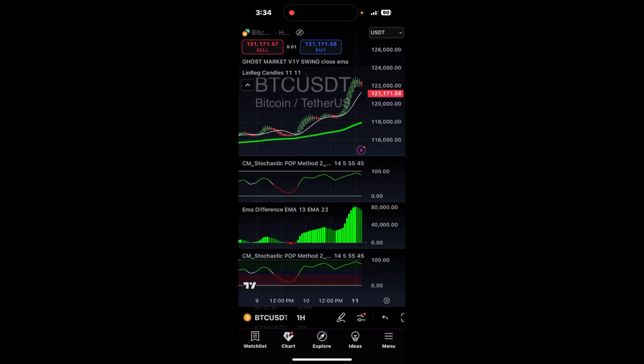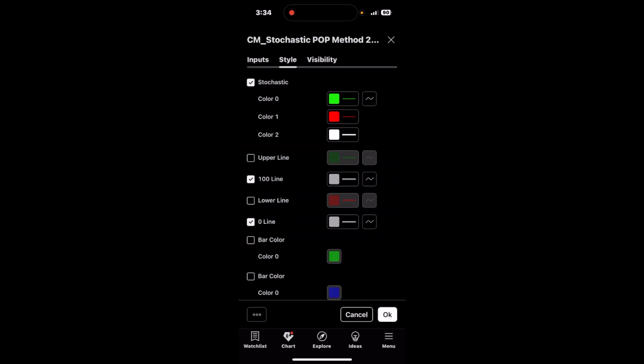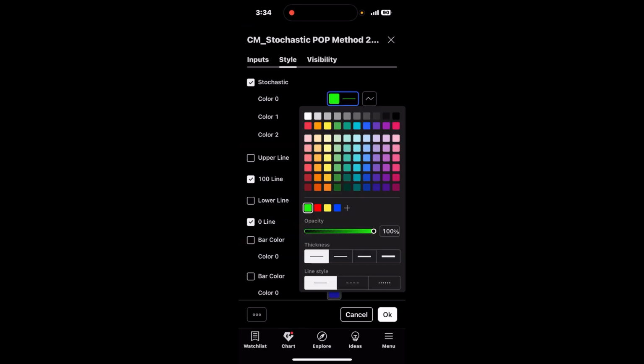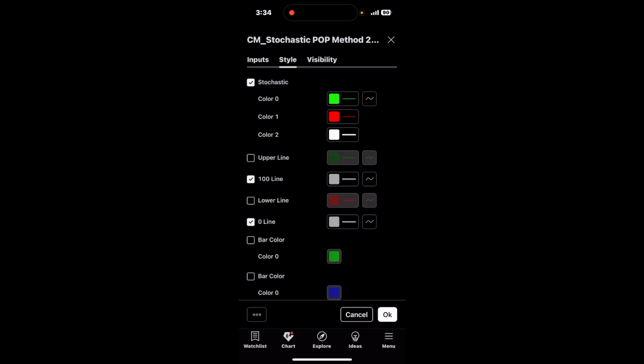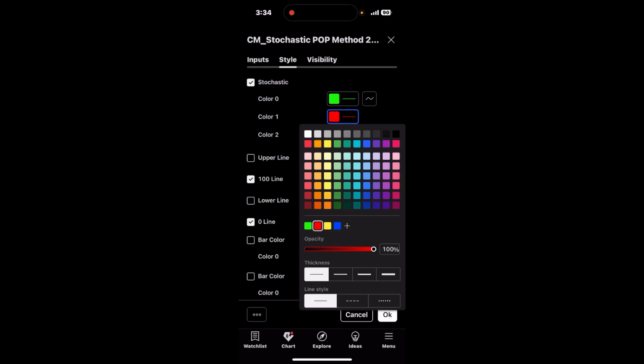So basically, when you're looking at the default version, I make color 0 brighter. It's a green. This is your bullish. And I make the lines a little bit less thick. Same thing for the bearish. Make it a bright red, less thick.